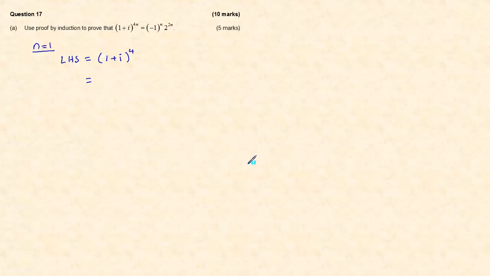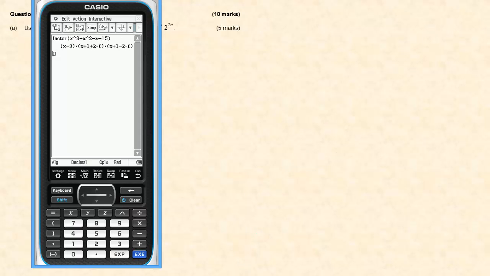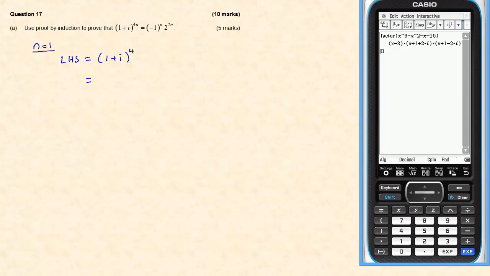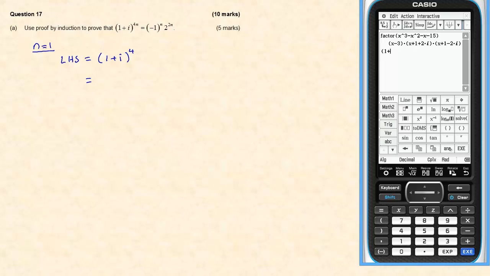Now we can work that out on the calculator, or we could work it out manually, but working it out manually is not that easy. I'm still in complex mode, so I can do 1 plus, and the i that I need is here.